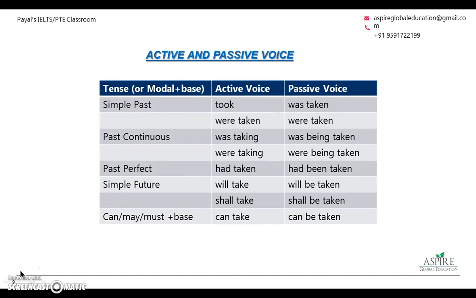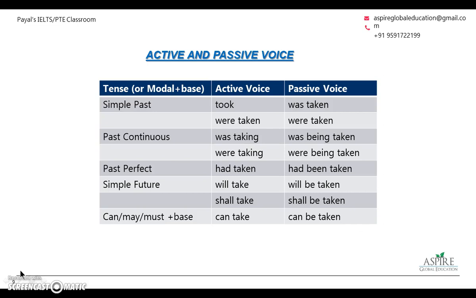Now let's look at simple past. Simple past is took, was taken, were taken. So she took, for example, we can make a sentence. She took a towel. A towel was taken by her.